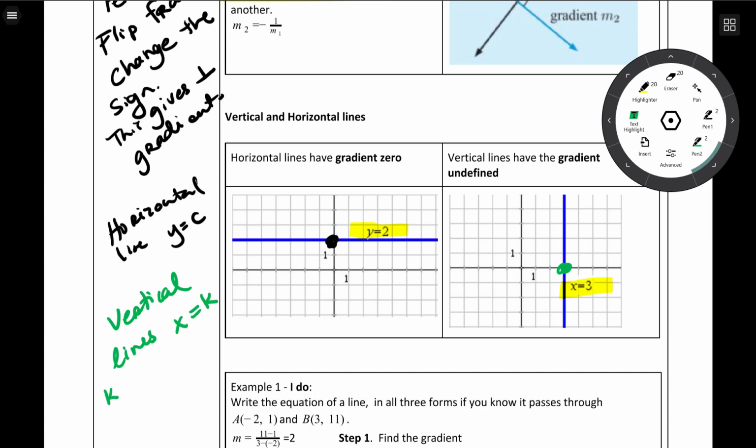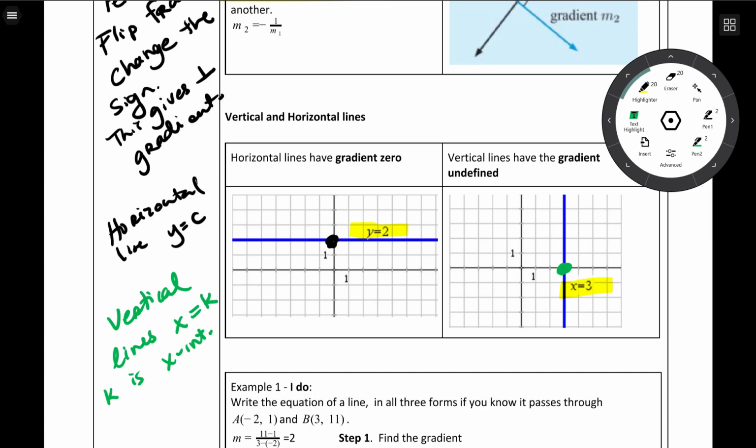But what's special about that number? I'm going to define it, where k is the x-intercept. Okay, and there we go. So vertical lines have an undefined gradient. They go straight up and down, but you write them as x equals some number, whereas horizontal lines, we write them as y equals some number.